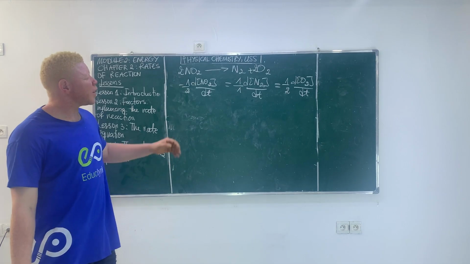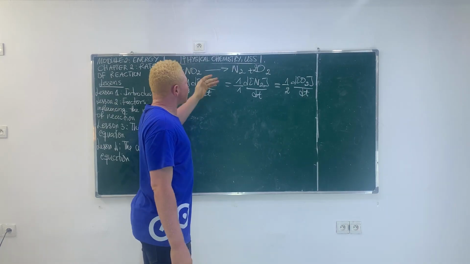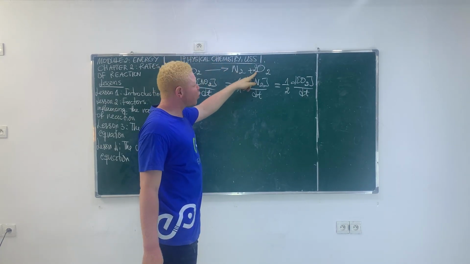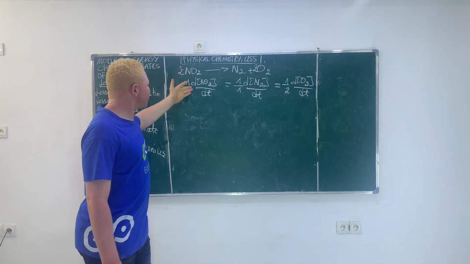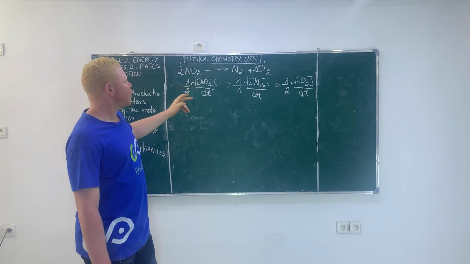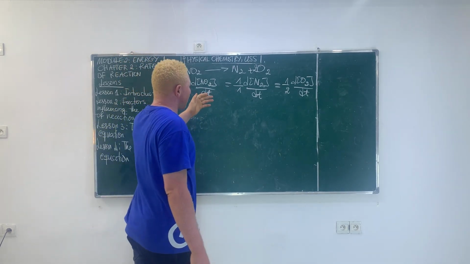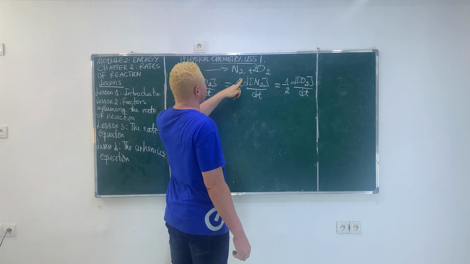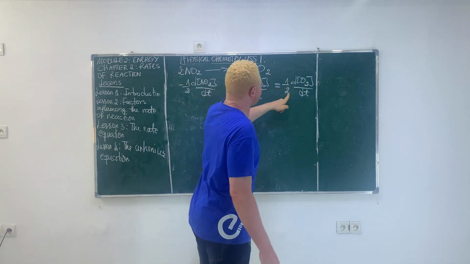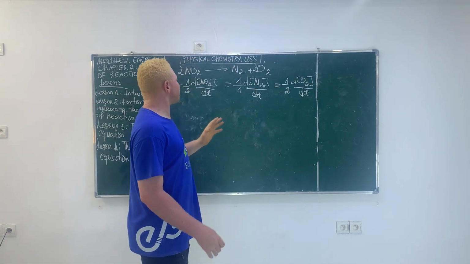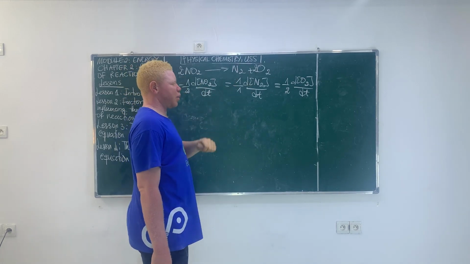In this case I use the stoichiometric coefficients: 2 for NO2, 1 for N2, 2 for O2. The differential sign means the concentration is decreasing for the reactant, so it has the negative sign. The coefficient here is only 1, so it's 1 over 1 dN2 dt. The coefficient here is 2, so I have 1 over 2.